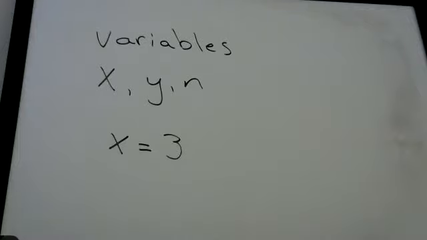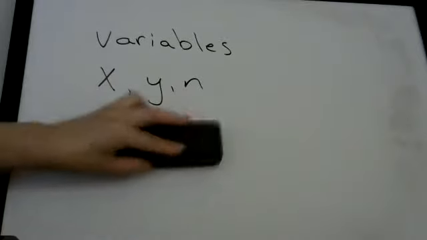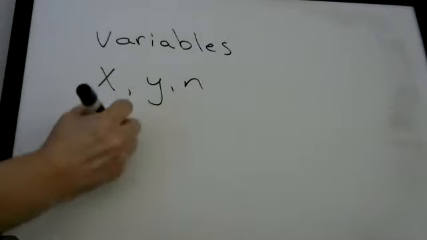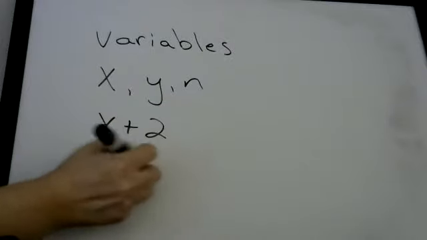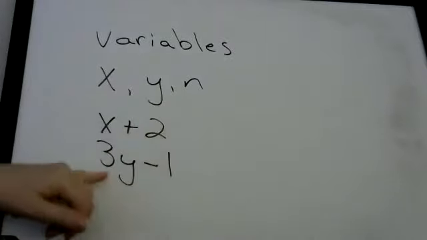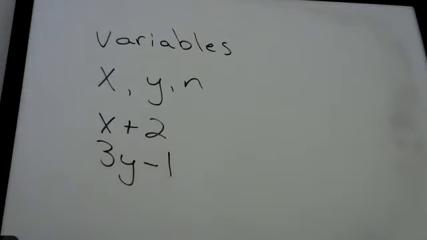So anything you can do with a regular number, you can do with a variable. So you can do x plus 2 or 3y minus 1. This means 3 times y minus 1. So anything you can do with a regular number, mathematically, you can do with a variable.